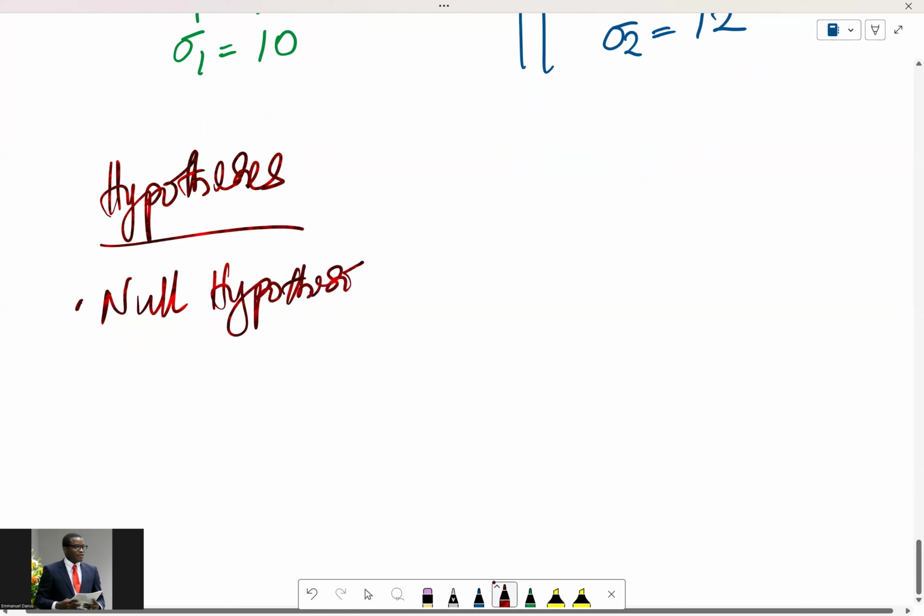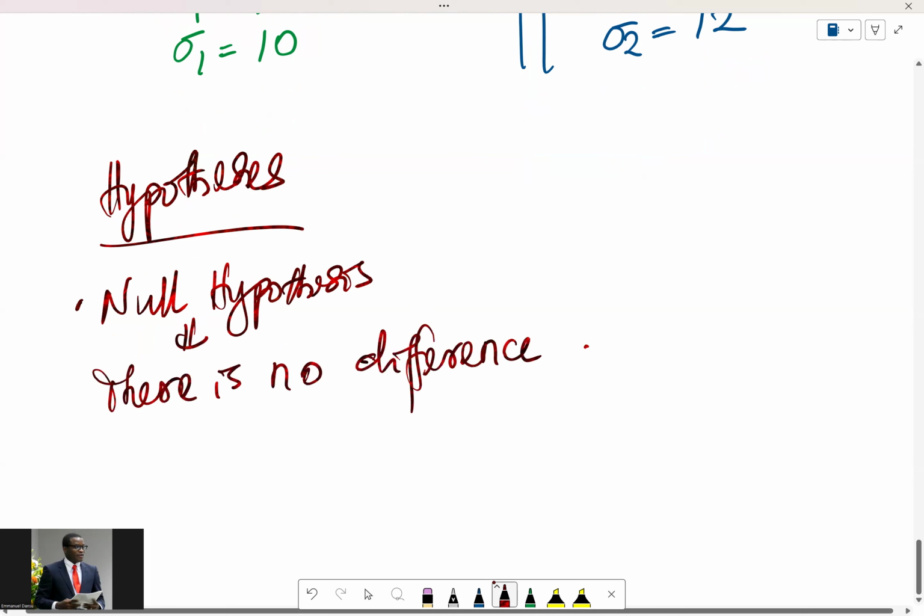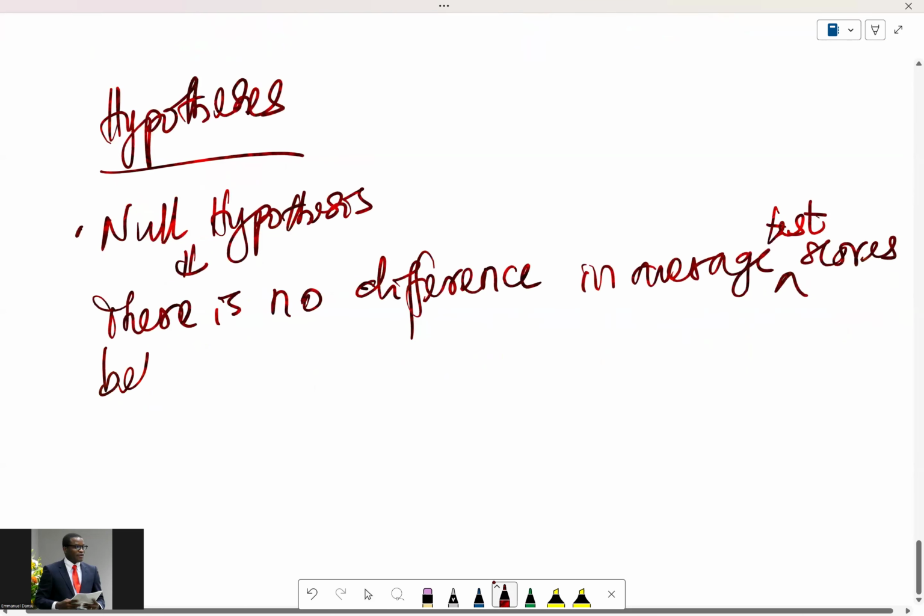The null hypothesis is that there is no significant difference in average test scores between the two methods.